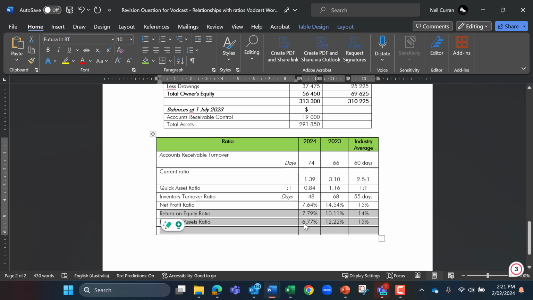That basically means that the sales that we are generating is not meeting to have a strong investment or a strong return for the owner. So therefore he or she might look at investing elsewhere, but also because of the decrease in net profit, assets are not being fully utilized as well.